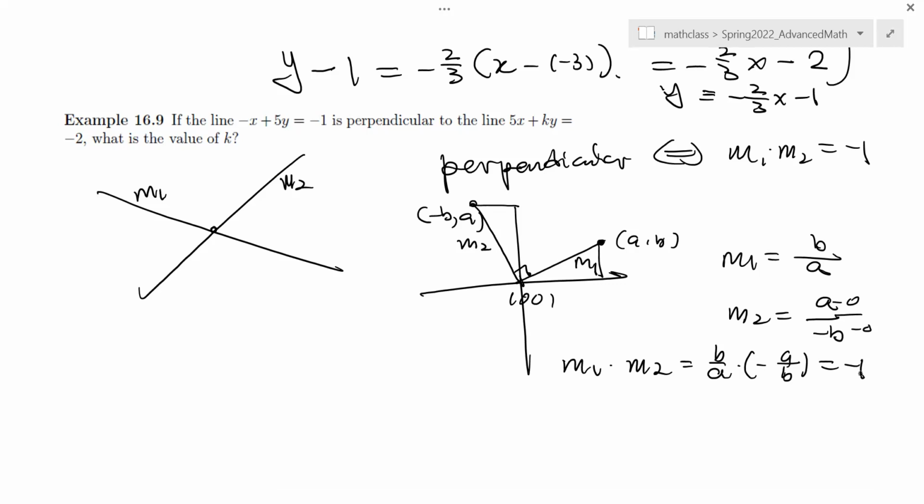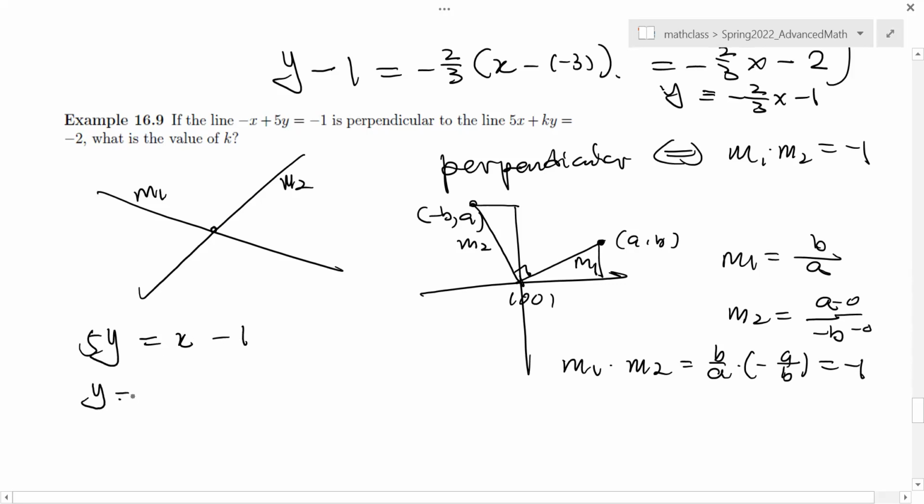Okay, so the given line is 5y equals x minus 1, so y equals 1/5 x minus 1/5. Another line is ky equals -5x minus 2, so y equals -5 over k x minus 2 over k.